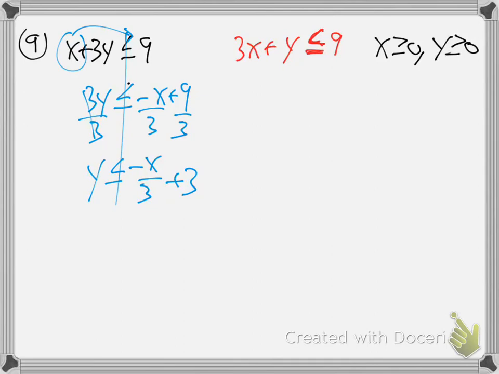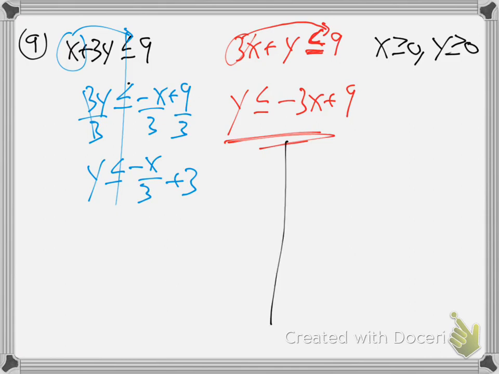Okay. So grab the 3x, jump it over. Y less than or equal to negative 3x plus 9. So that one's good. And the other two I'll handle in a minute. All right, let's go to the graph.